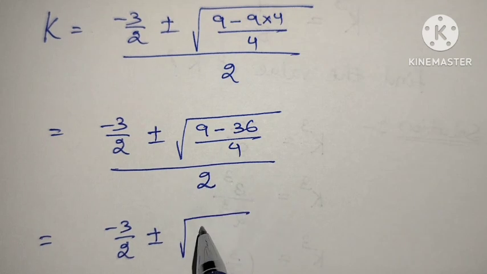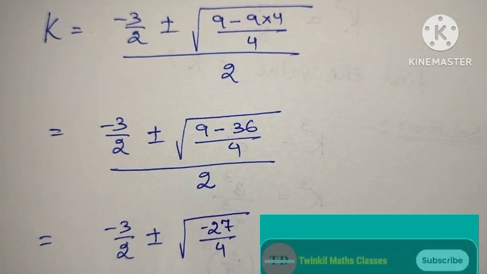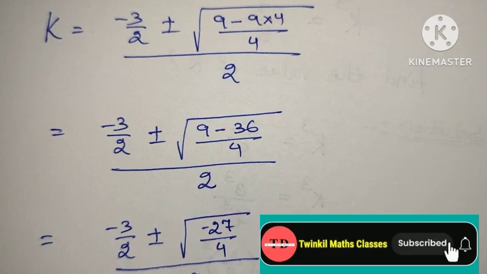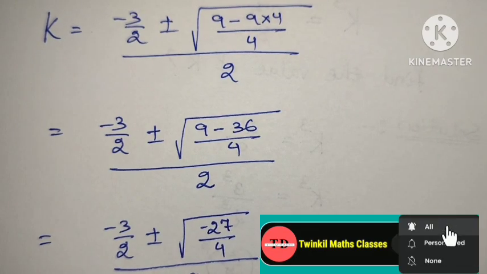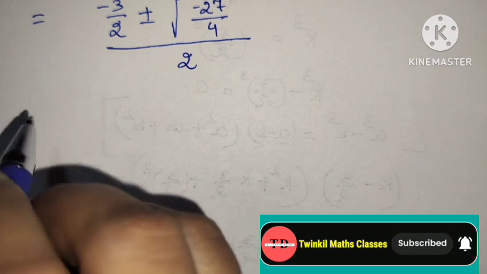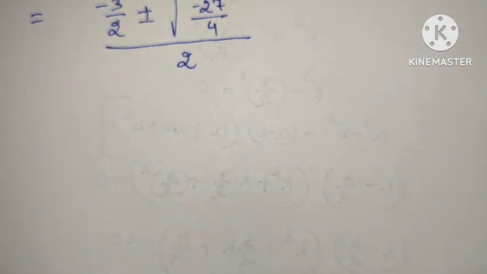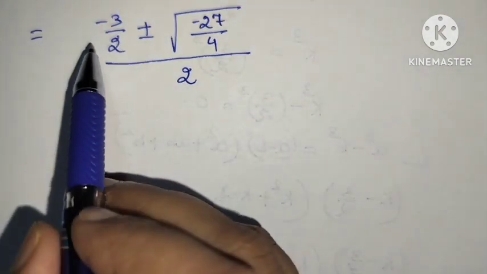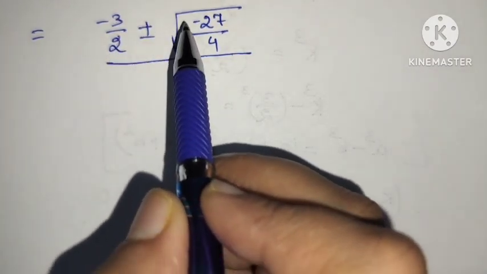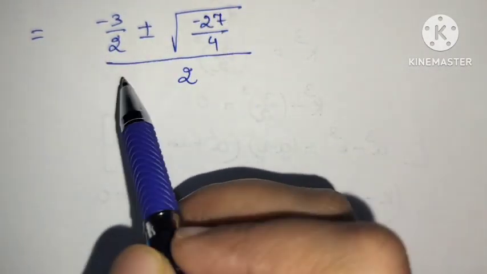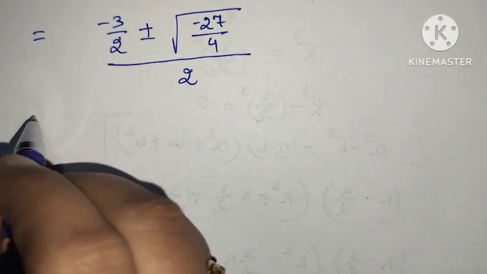It is what? Minus 27 divided by 4, whole divided by 2. Yes. What is minus 3 by 2 plus minus root over of minus 27 by 4, all divided by 2.